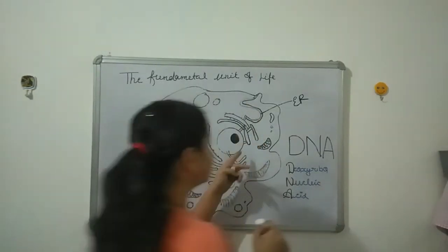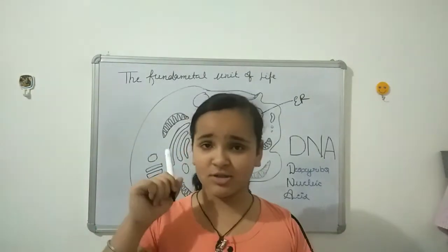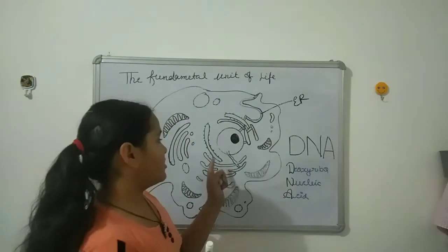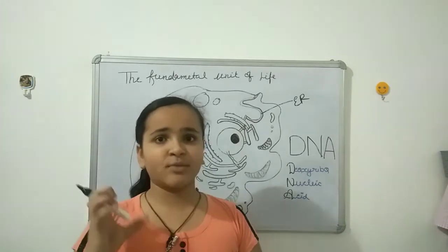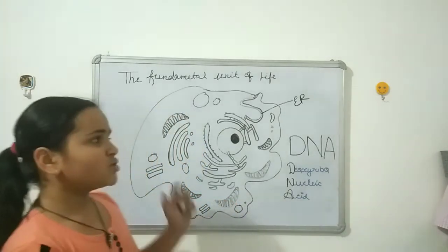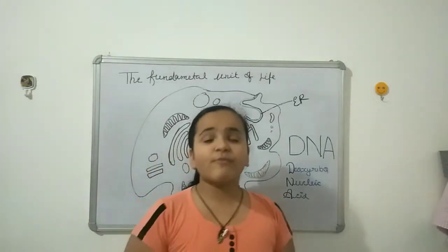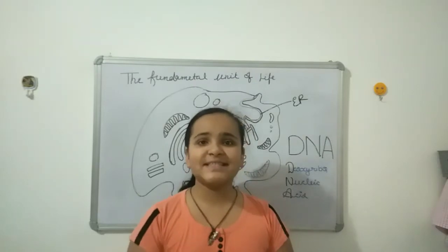The smooth endoplasmic reticulum is called smooth because it doesn't contain ribosomes, and the rough endoplasmic reticulum is called rough because it has ribosomes sitting on it. So what is the function of ribosomes? Ribosomes are used for the manufacturing of proteins, which is called protein synthesis.